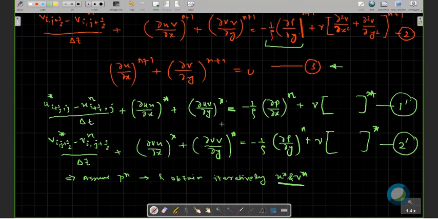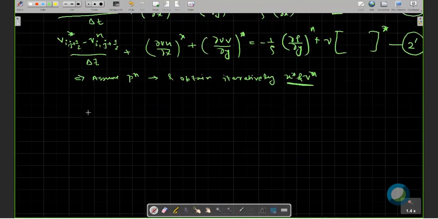So to find out the pressure Poisson equation, what is done here is we subtract this equation 1 prime from 1 and 2 prime from 2. Okay. So subtract 1 minus 1 prime and 2 minus 2 prime.